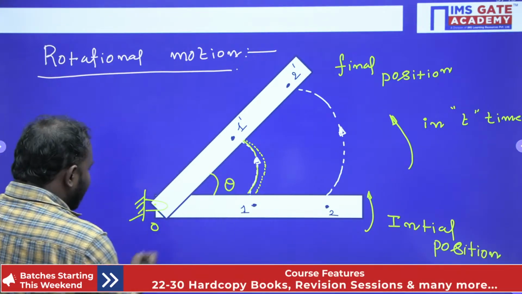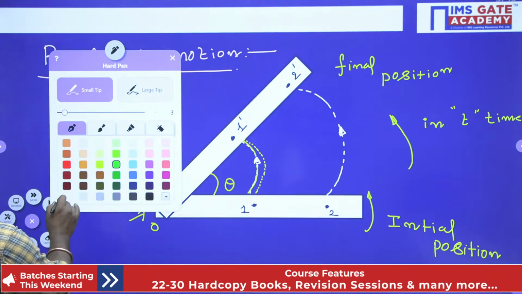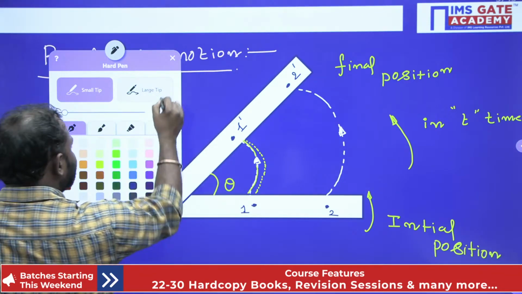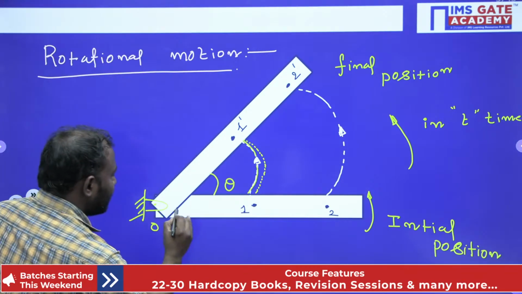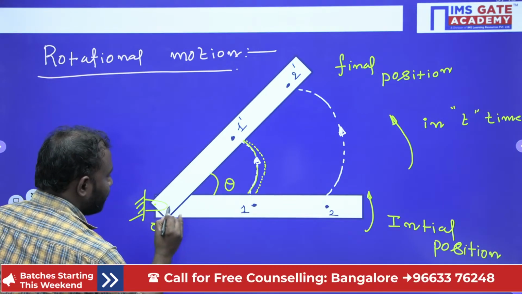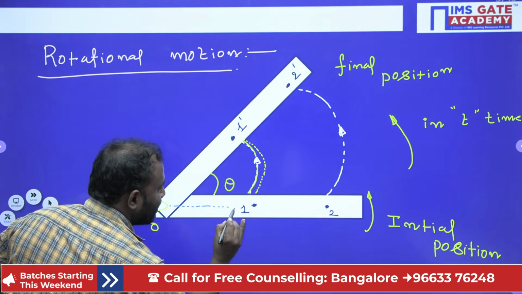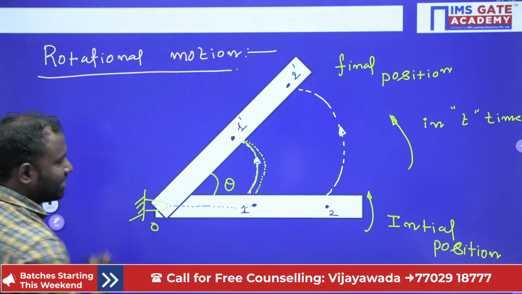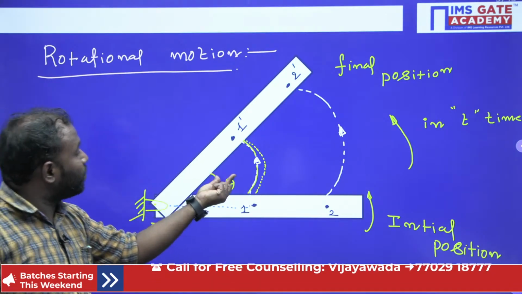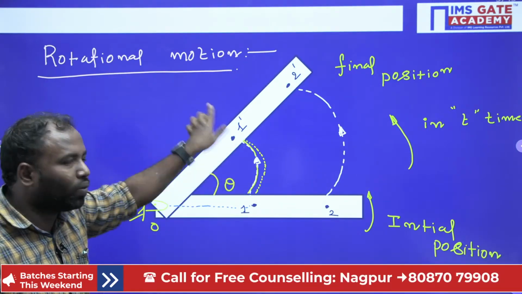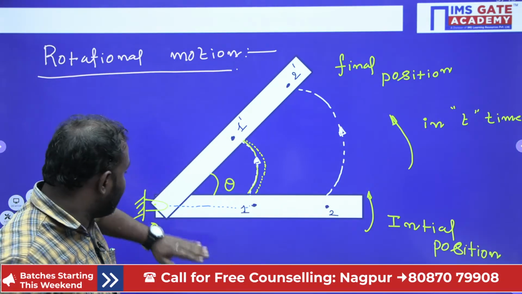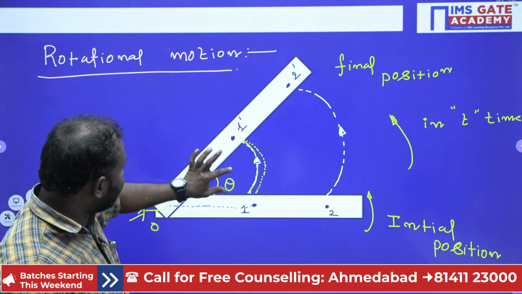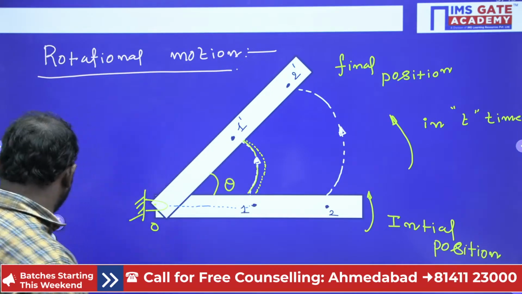Now from point O, the distance up to 1 is the O1 distance. O1 distance into theta gives 1 to 1 dash. So O1 distance into theta gives the linear displacement of particle 1.